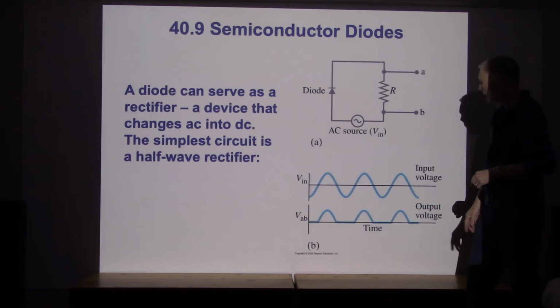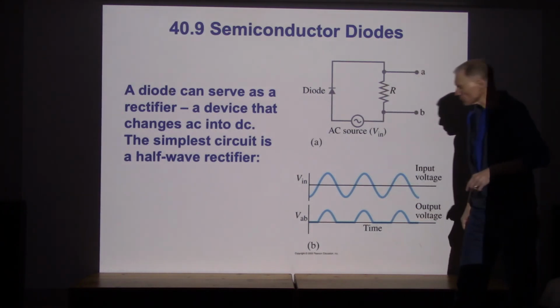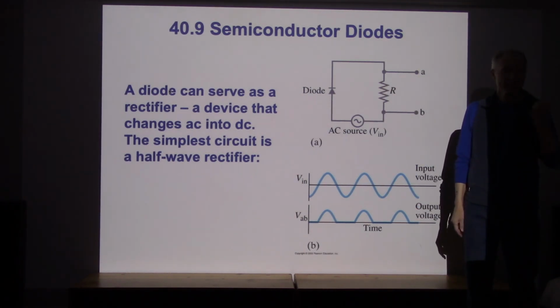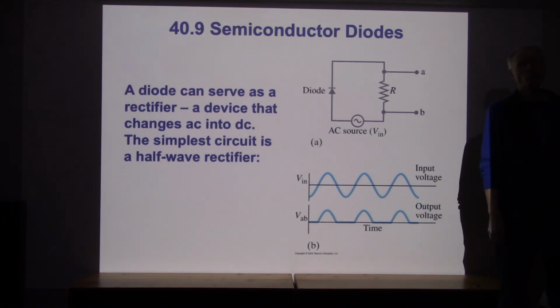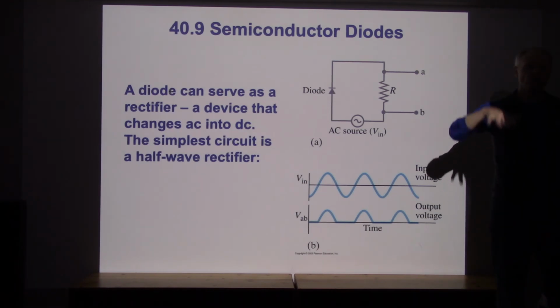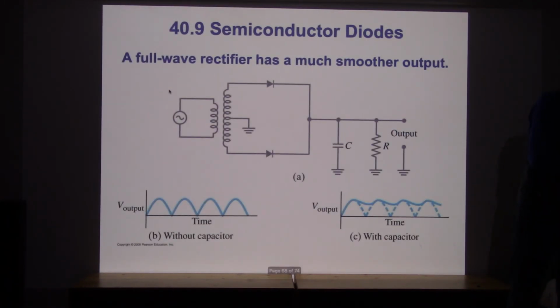So the voltage that we start with looks like this, and we've eliminated any of the voltage in the opposite direction. That's called a half-wave rectifier. Rectifying means we're taking something that's going in both directions and limiting it so that it only goes in one direction. And diodes would be ideal for that.